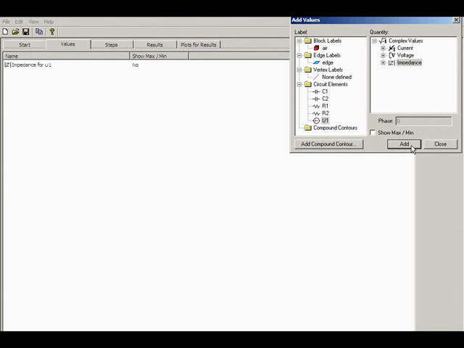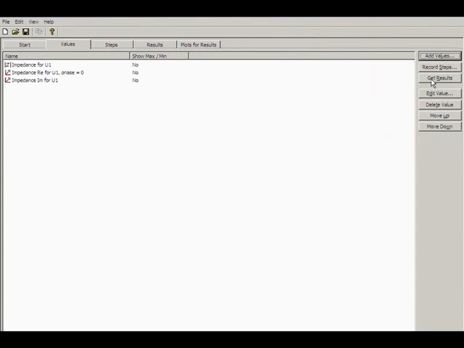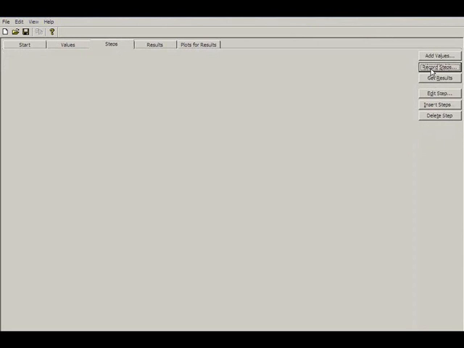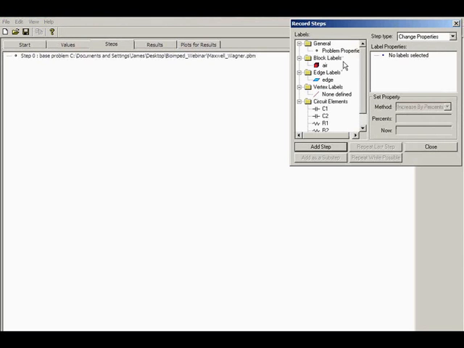Once again, I'm going to look at the impedance for the network. And as well, I want to look at the real and the imaginary parts of the impedance too. So we'll add the real part and the imaginary part. Okay. And we'll record steps.